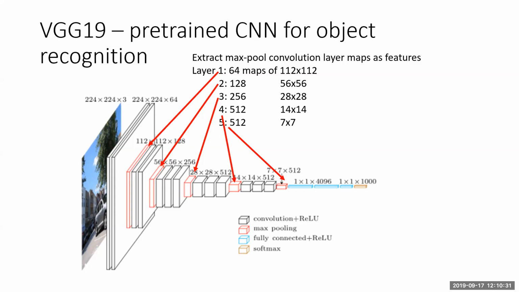Typically in these convolution networks, the images are downsized, but the number of channels goes up. So we start out with a 224 by 224 image, and at the end you have a 7 by 7 map that summarizes those images, but you have 512 of those maps.